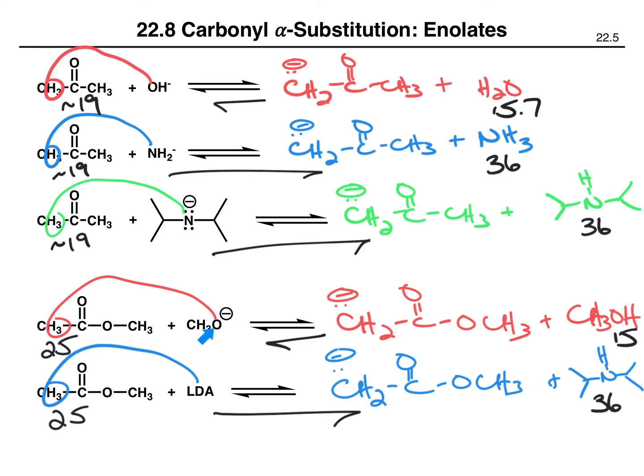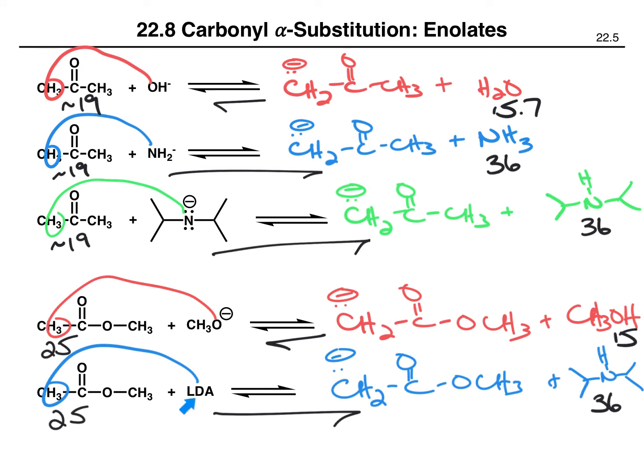So in the case of an ester with an alkoxide, the equilibrium lies toward the ester, which means we have lots and lots of ester and a very small amount of enolate. Even though it is, in comparison, a much smaller amount, it is still an appreciable quantity such that it can move forward and do other reactions.